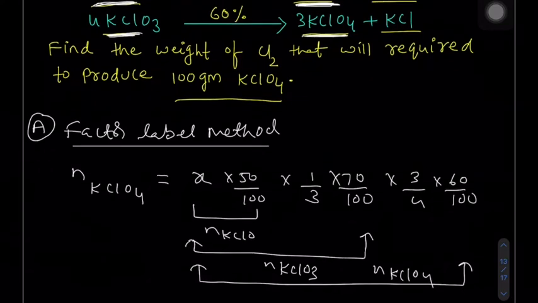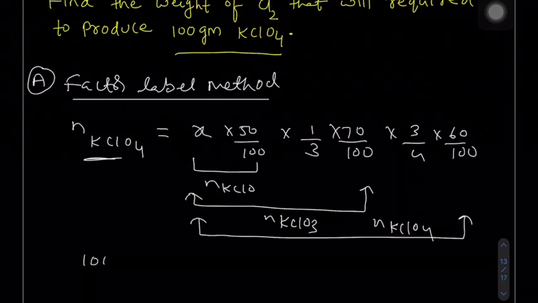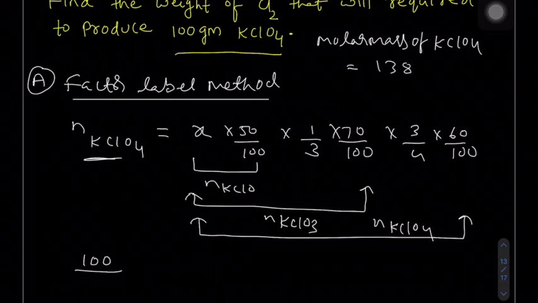Now what is the number of moles of KClO4? Given weight upon molecular weight. What is the weight of the KClO4 given to you here? 100 grams. What is the molar mass of KClO4? The molar mass of KClO4 is equal to 138.5.